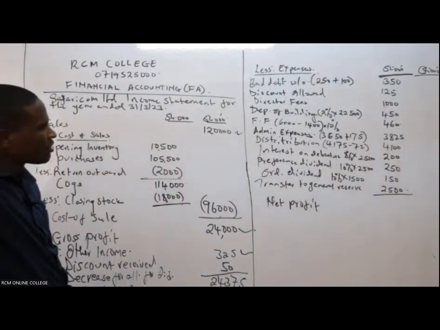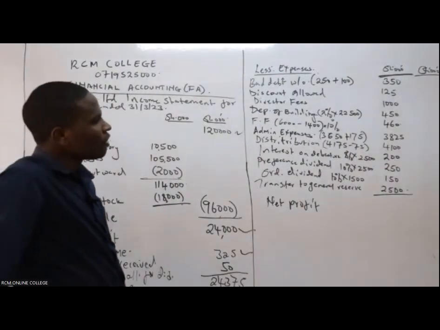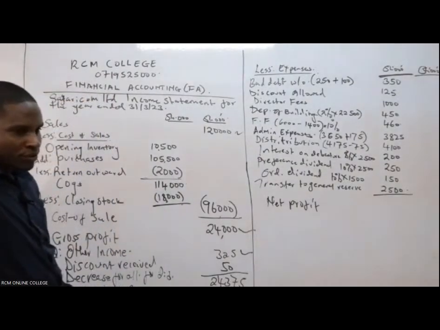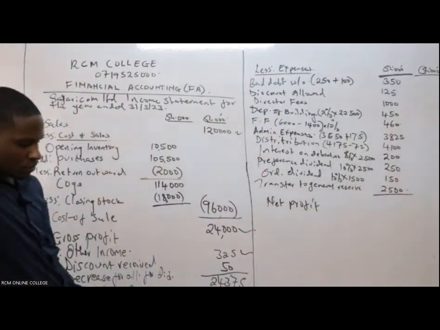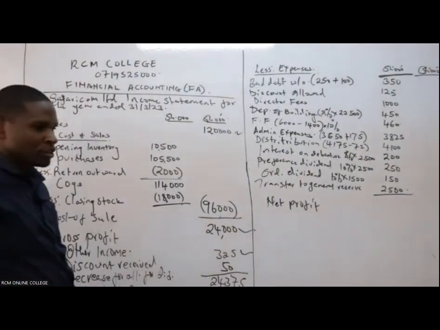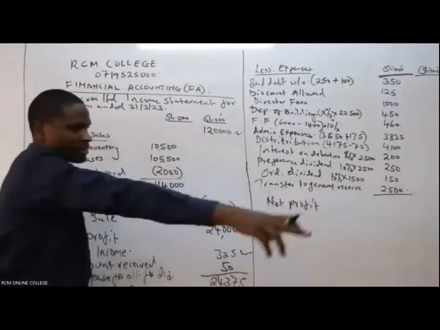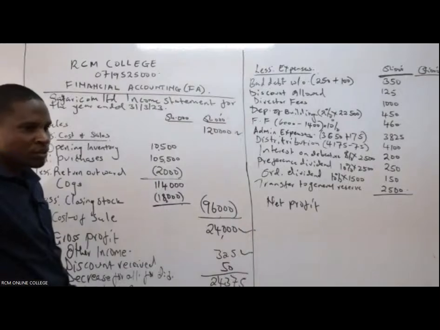Now I need several individuals to give me that. Okay, Sharon, you can proceed and get our net profit. Take 24,375 minus that, and you get our net profit, so that we are on the same page.